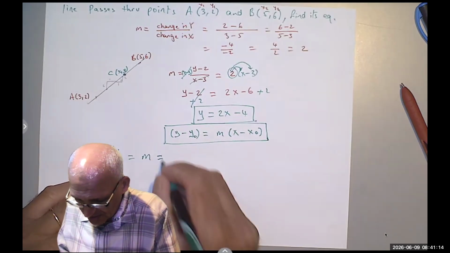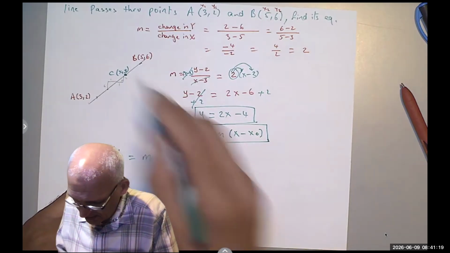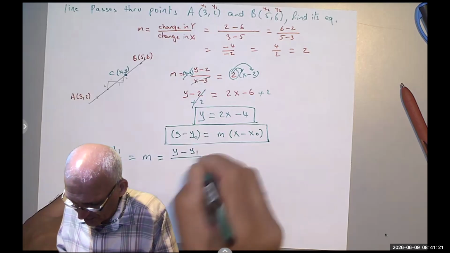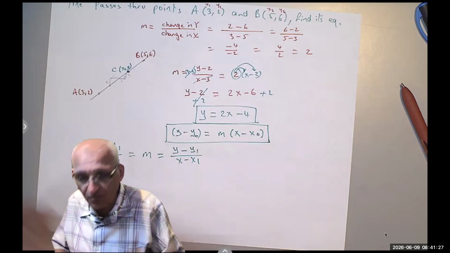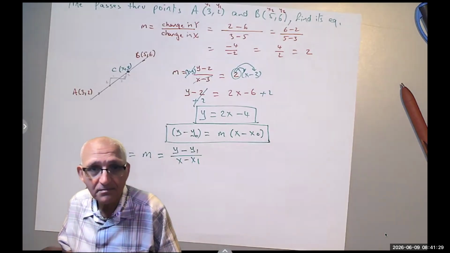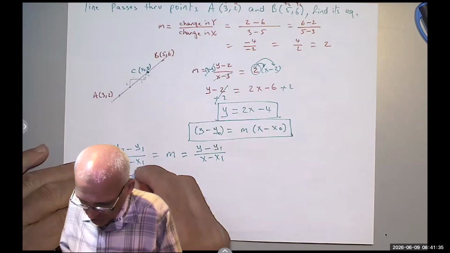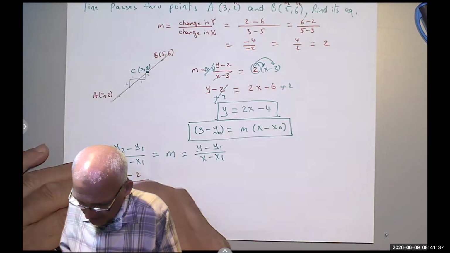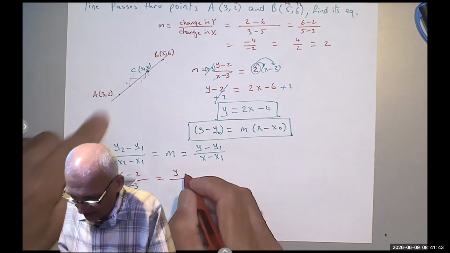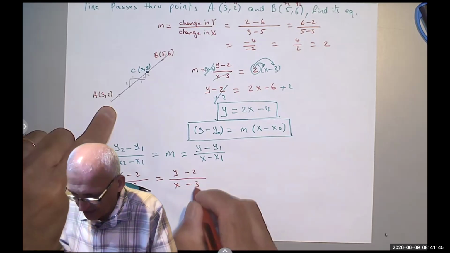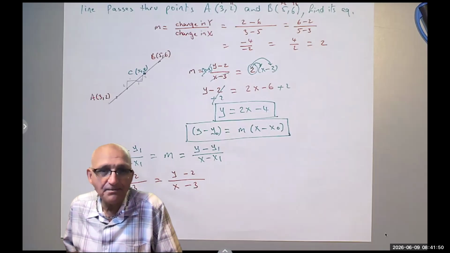Which also equals y, which is this y, minus y1 over x minus x1. In just one step? Yes, I could. So I would have said 6 minus 2 over 5 minus 3 equals m, equals y minus 2 over x minus 3. That's exactly what we did. So we can write it in one step.